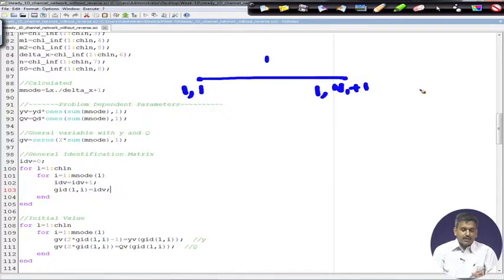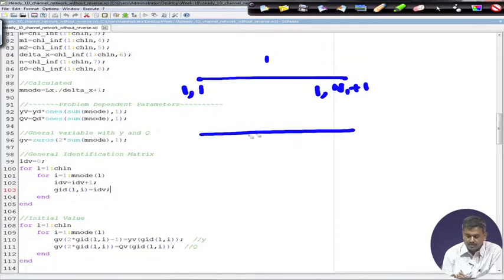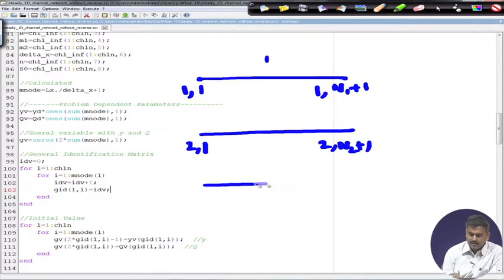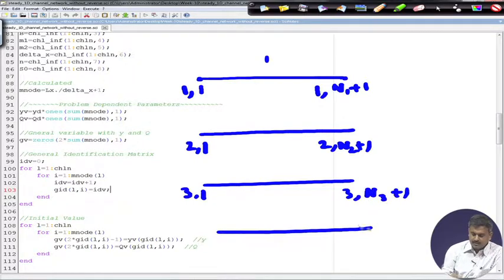I have defined it starting from 1. The next one is 2 1 to 2 N2 plus 1, then 3 1 to 3 N3 plus 1, then 4 1 to 4 N4 plus 1.